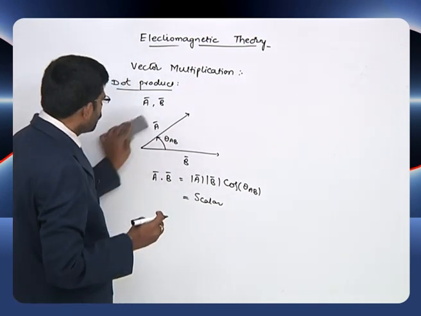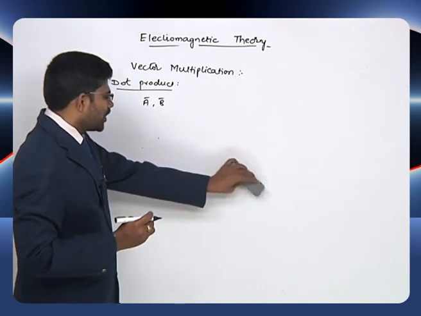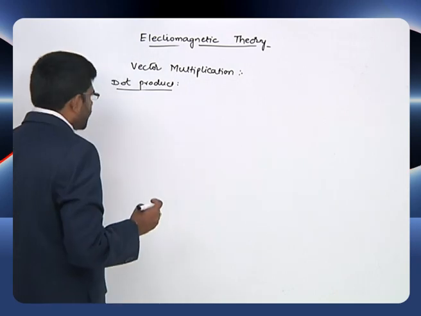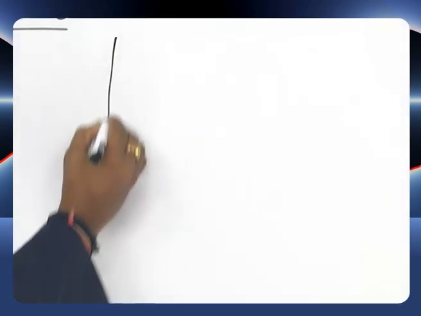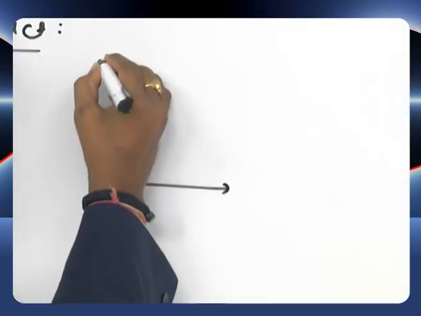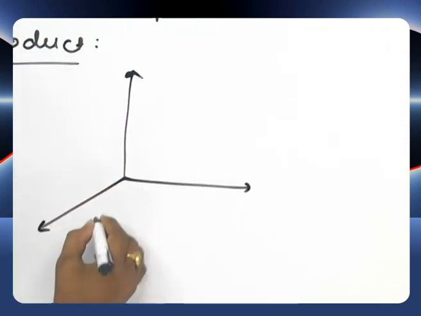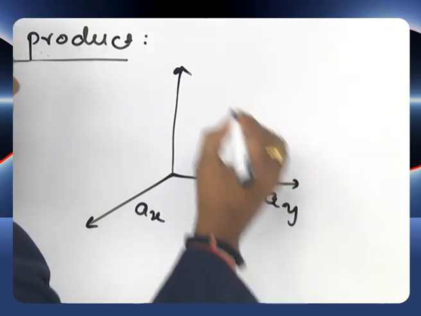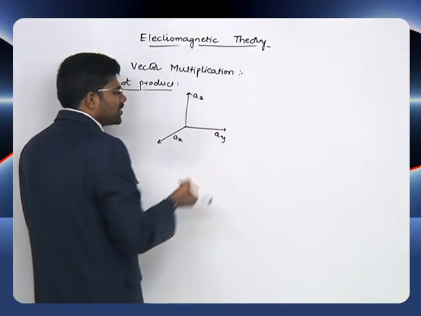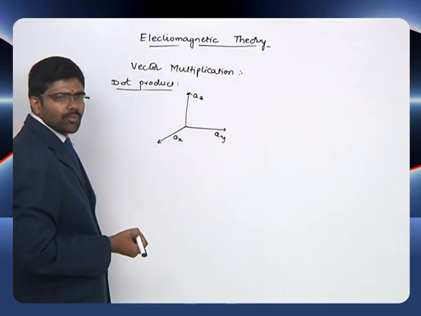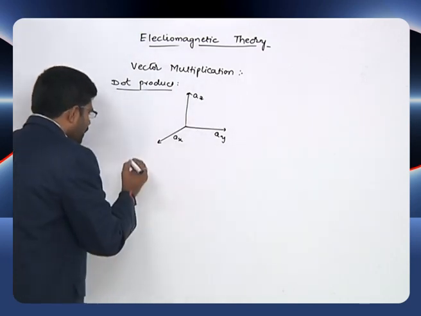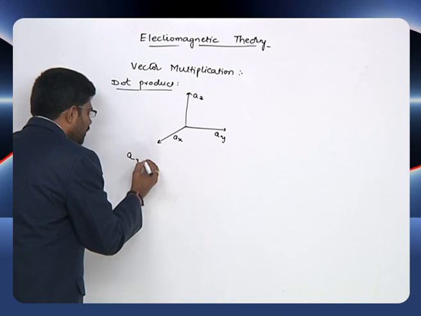Before that, we will examine this dot product for different unit vectors in all coordinate systems. Let us consider the rectangular coordinate system. In the rectangular coordinate system, the unit vectors in x, y, z directions are ax, ay, az. If we consider the dot product between all combinations, what do we get?